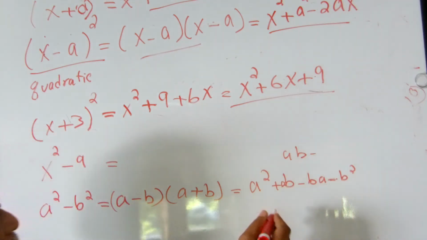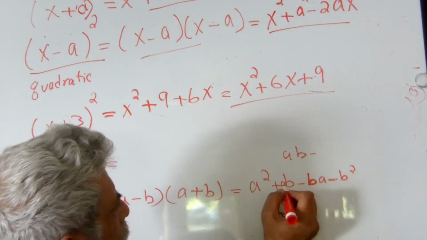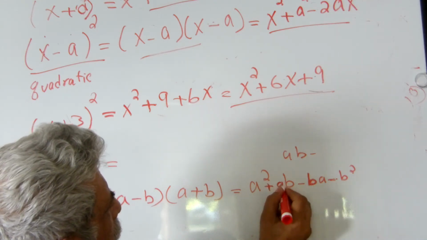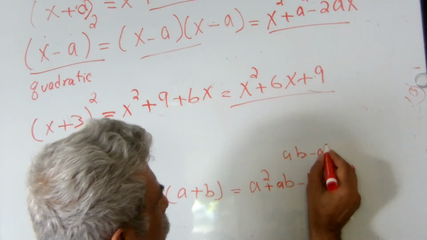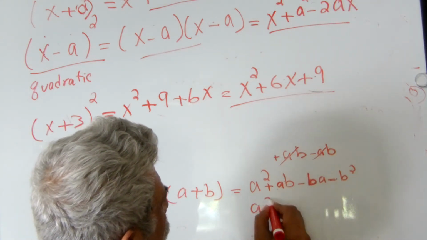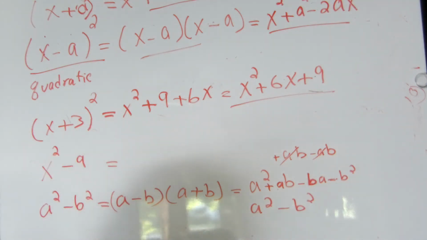See, it doesn't matter, it's multiplication; you can write B times A or A times B. So plus AB minus AB is gone, so A squared minus B squared is going to be the result of this multiplication, which is going to be this.